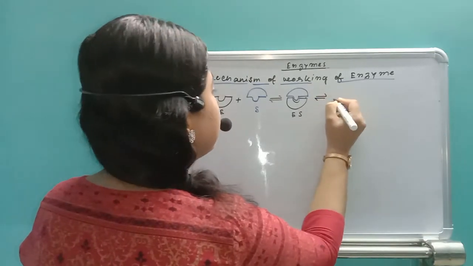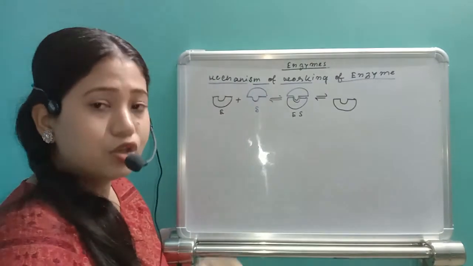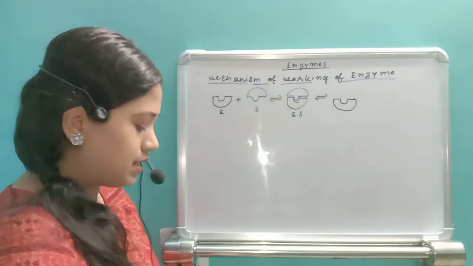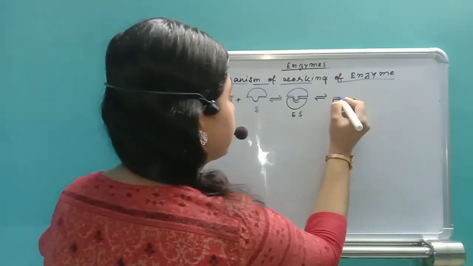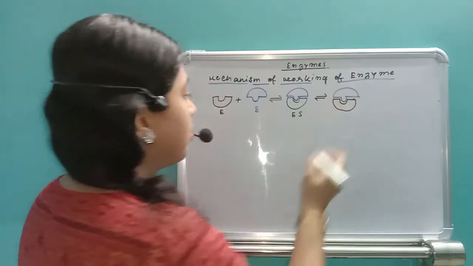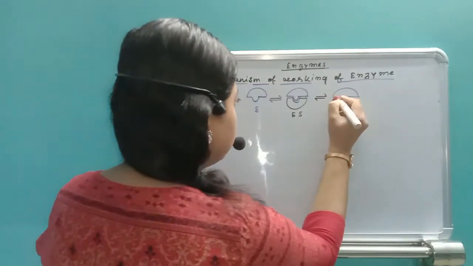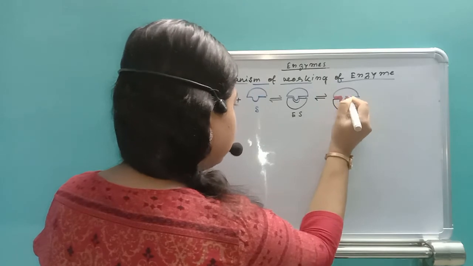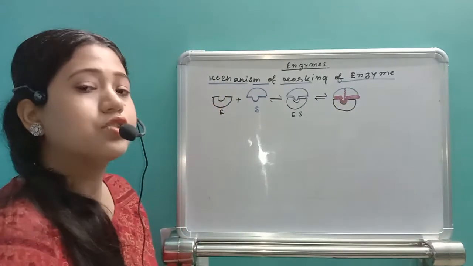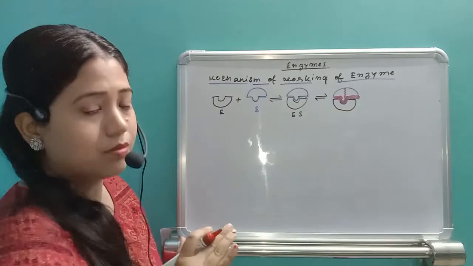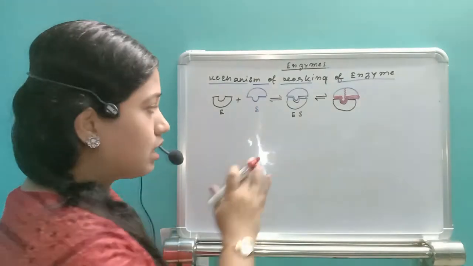Then the next step: without being used or consumed, this enzyme will change the chemical structure of the substrate. So here the substrate is there, but now some chemical changes occur in the substrate, but no changes occur in the enzyme.